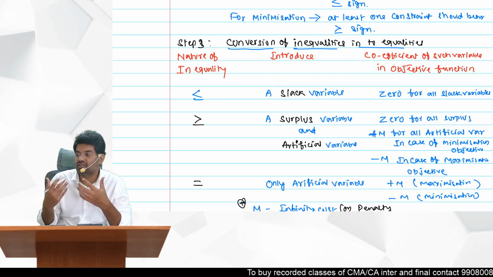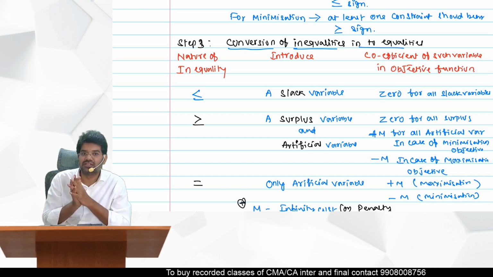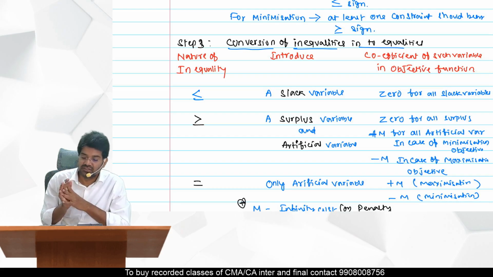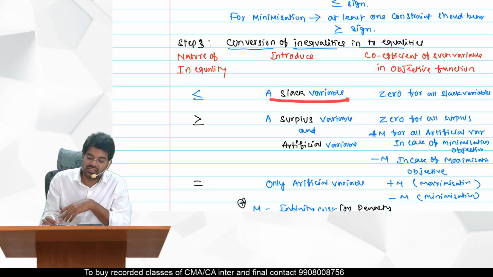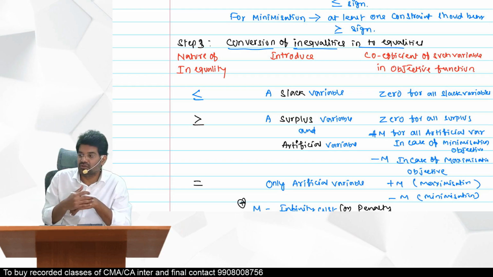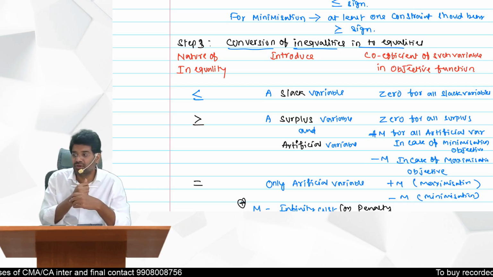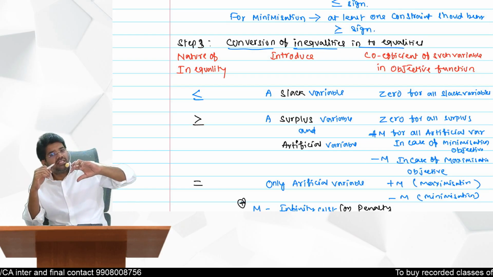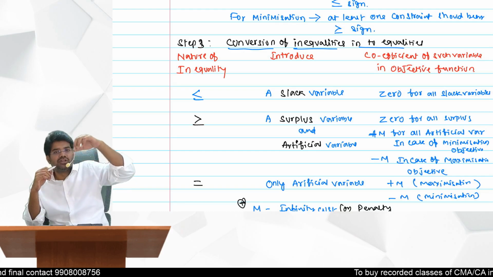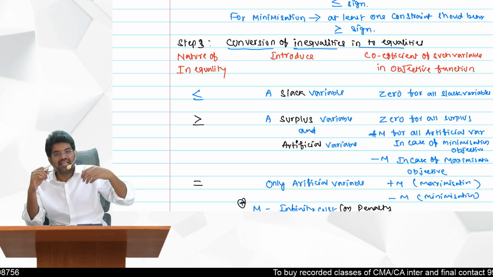Slack variable generally means unutilized resource, that is, idle resource. We should introduce it in the constraint equation. Even in the objective function we should take this, because when you are taking any variable in the constraints, naturally it should appear in the objective function also. So what exactly is a slack variable?